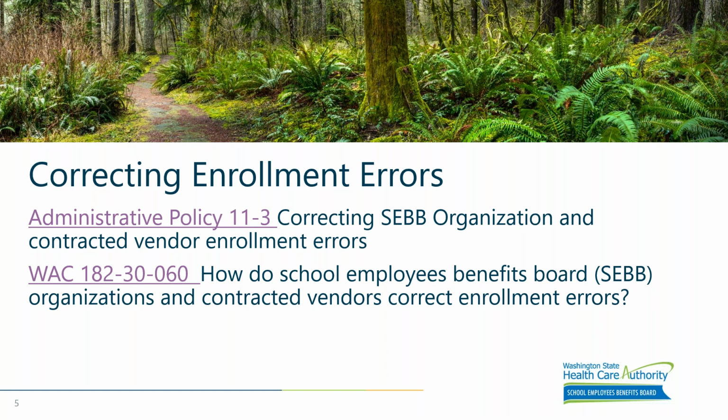Those are our contracted vendors that have contracts with the Health Care Authority to provide services to school districts and school employees. And then the WAC that covers error corrections is WAC 182-30-060. That's how school organizations and contracted vendors correct these enrollment errors.